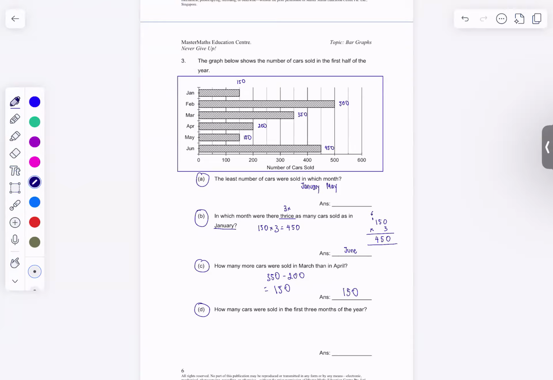Is it 1,000? Okay, your answer is 1000. So you have to take.